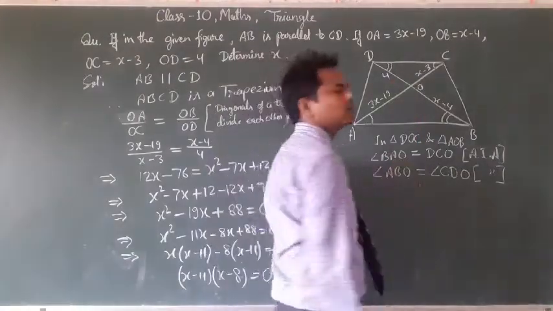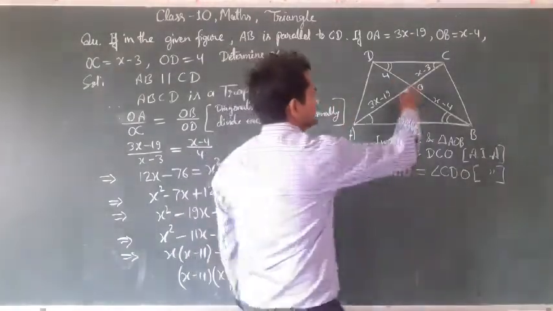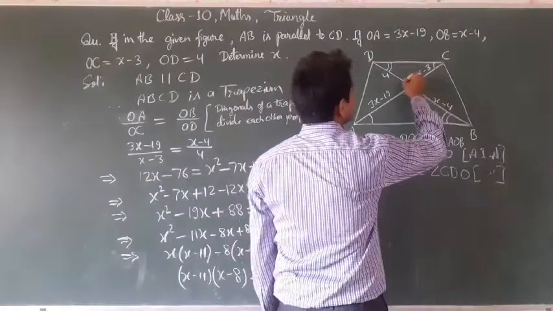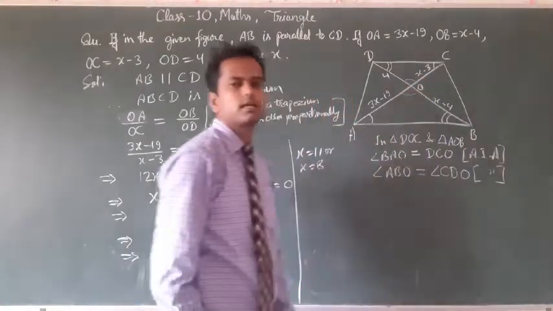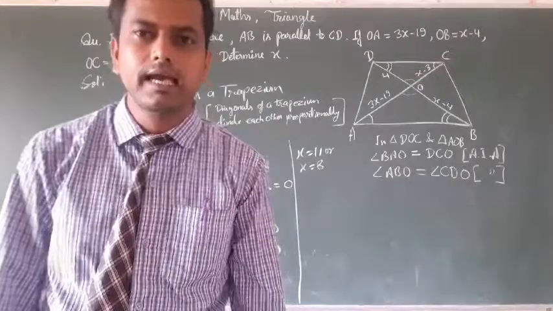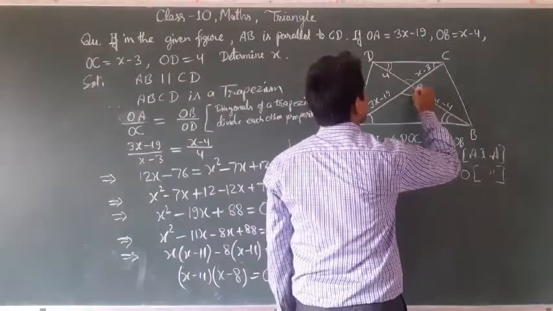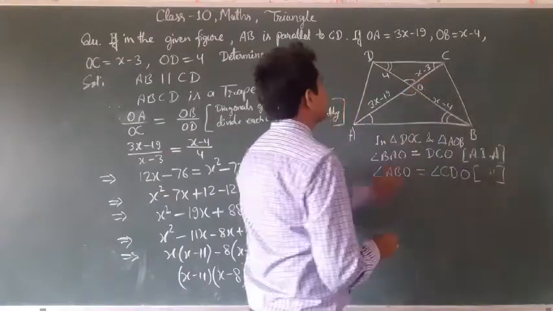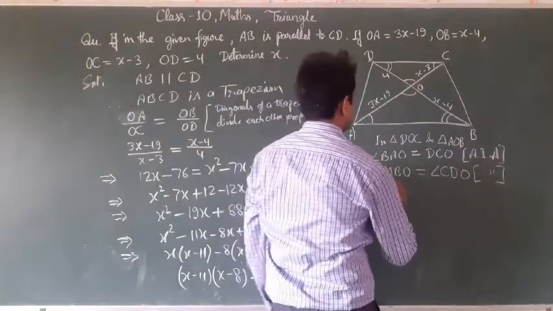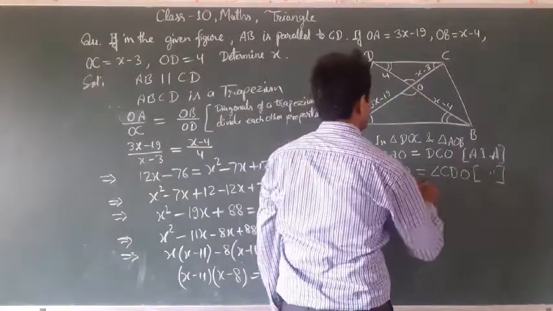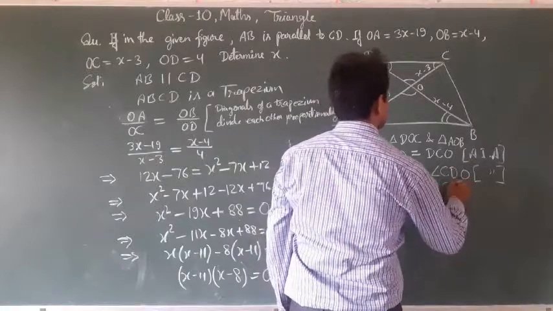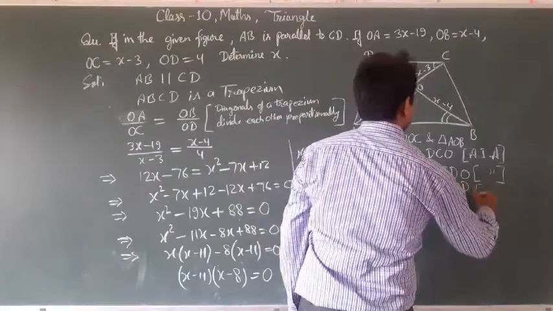Now, if two lines intersect each other, then this angle will be equal to this angle. That is vertically opposite angle. So angle AOB is equal to angle COD.